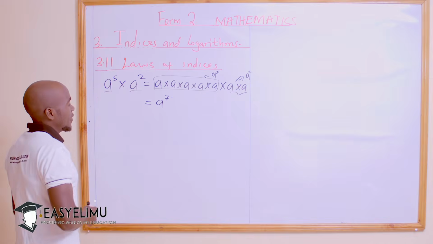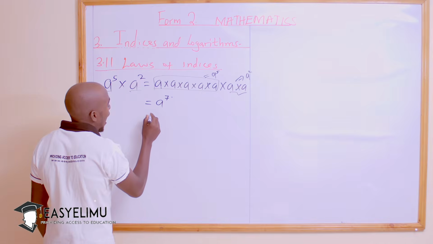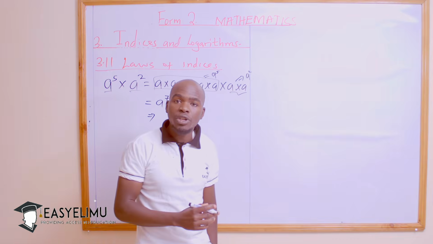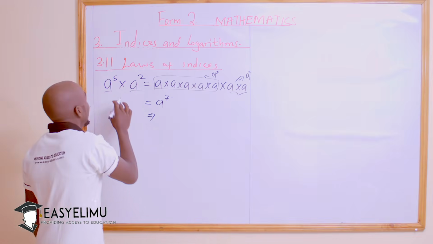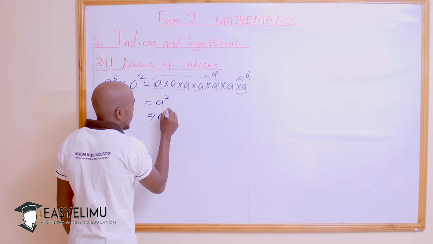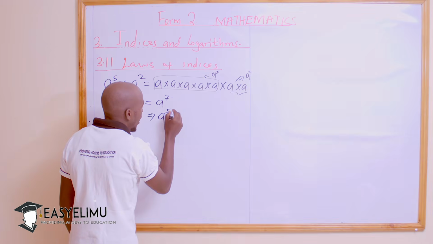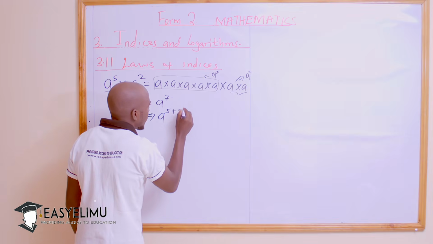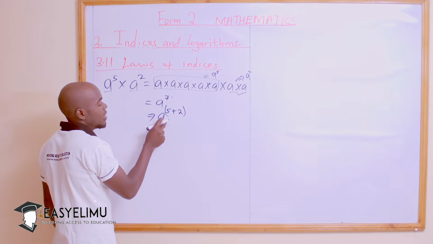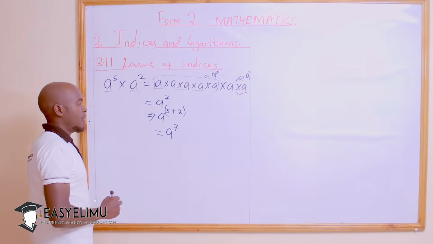Otherwise, instead of writing the long way, you can write a raised to 5 times a raised to 2, then you add the powers, and you will find the same answer, a raised to 7.